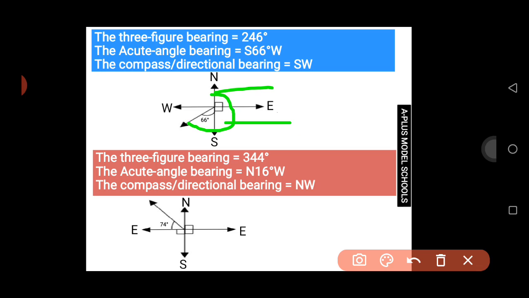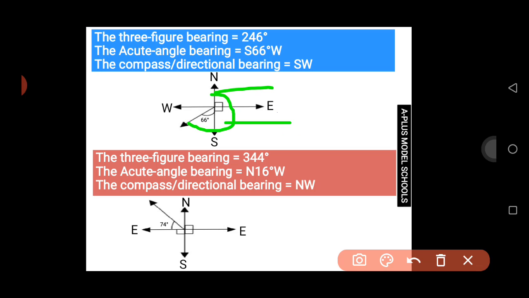When you look at this angle very well, the angle is still with the south. It's still making an angle with the south. So you take the angle. You don't need to make it a complementary angle because you are already given the angle it makes with the south.